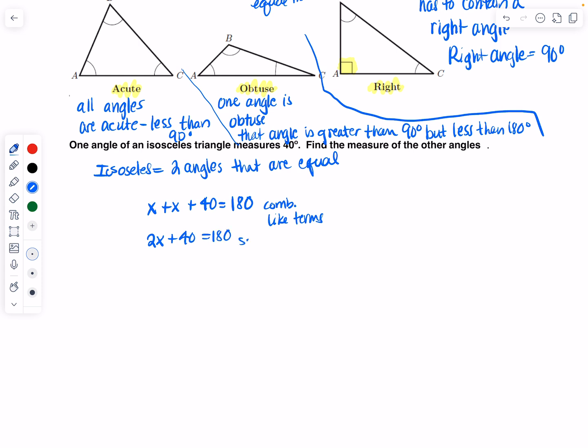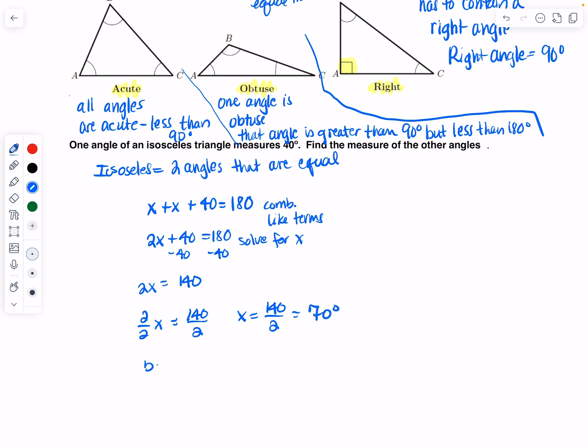Now solve for x. So I'm going to subtract 40 off of both sides. So 2x equals 140. Now my last step is to divide both sides by 2. So x equals 140 divided by 2, which is 70 degrees.